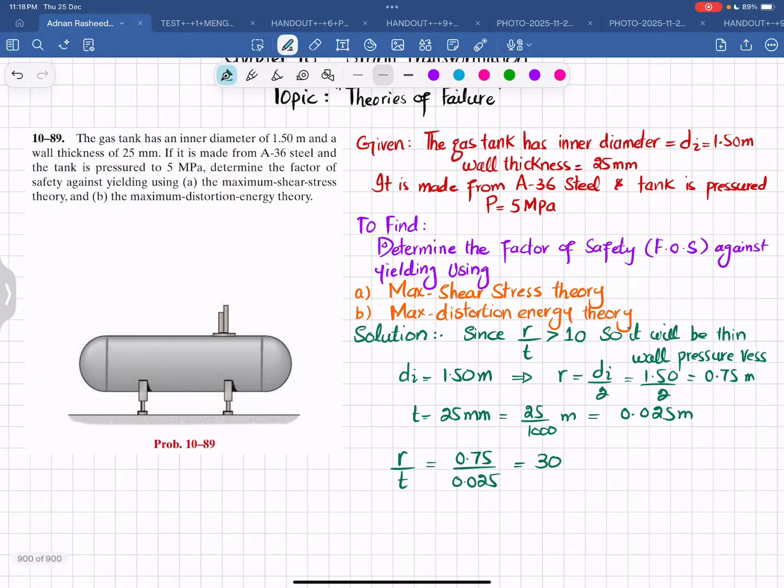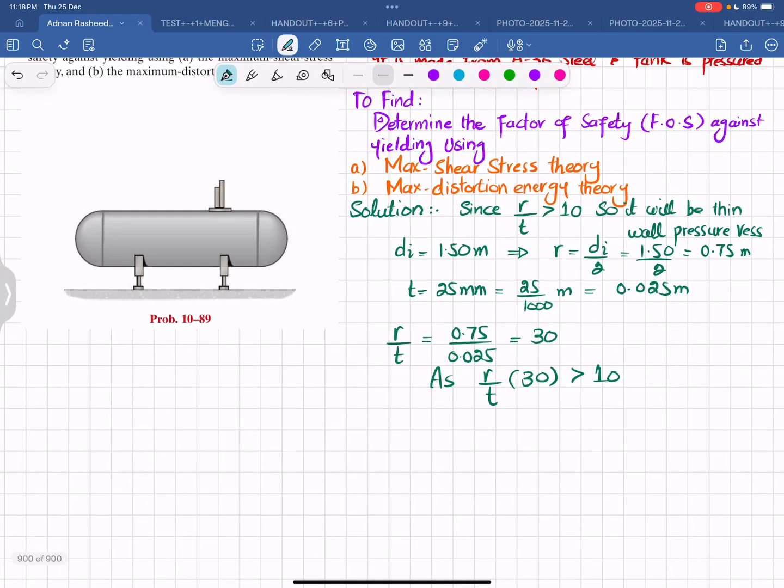Okay, as r by t is 30, and that is greater than 10, it is a thin walled pressure vessel.